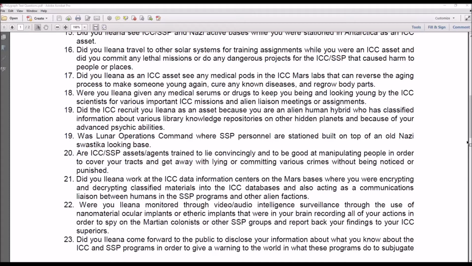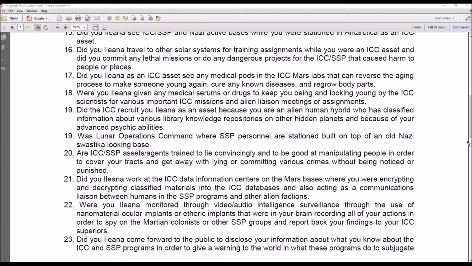Did you, Ileana, as an ICC asset, see any medical pods in the ICC Mars labs that can reverse the aging process to make someone young again, cure any known diseases, and regrow body parts? Yes. Were you, Ileana, given any medical serums or drugs to keep you being and looking young by the ICC scientists for various important ICC missions in alien liaison meetings or assignments?